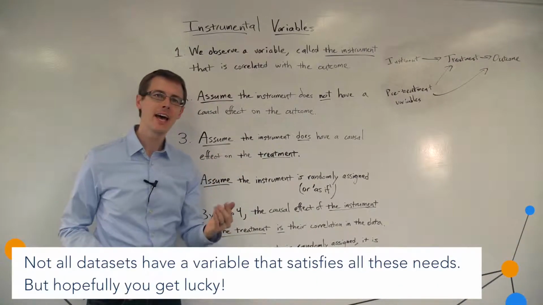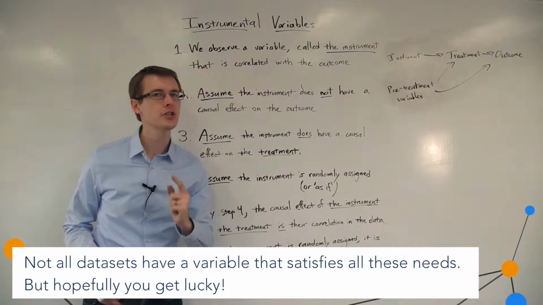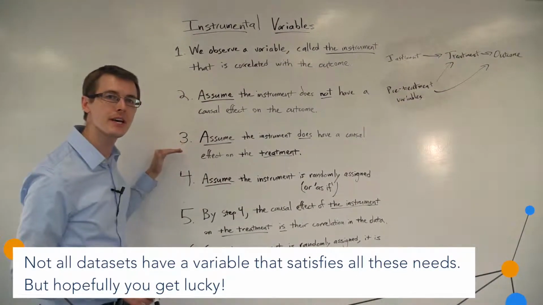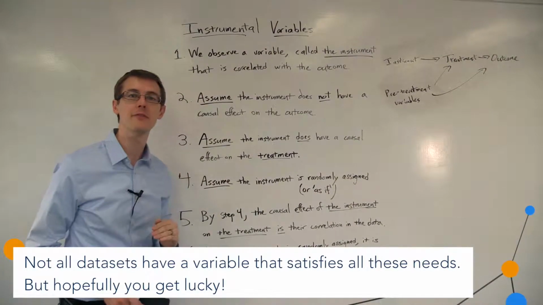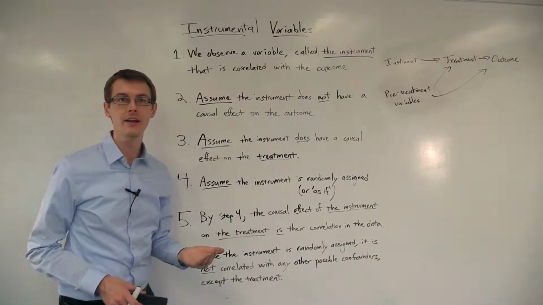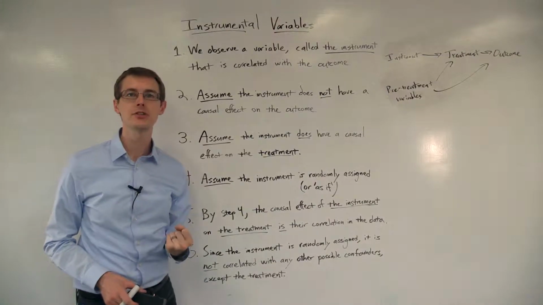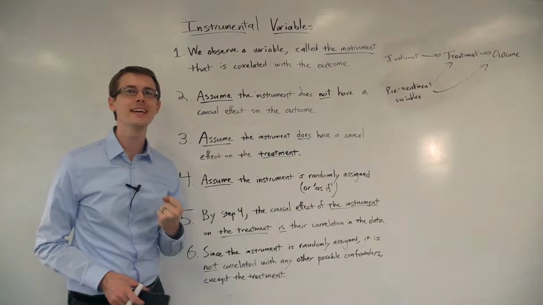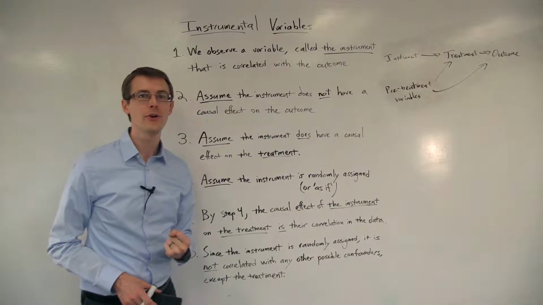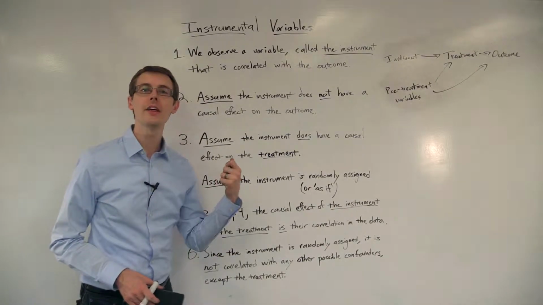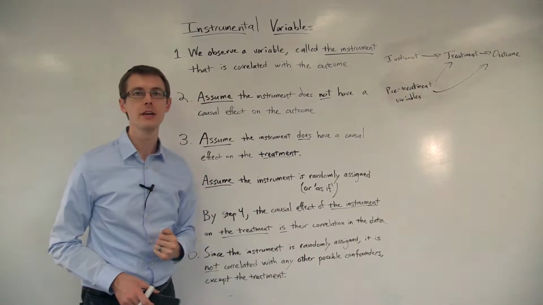Now, why is that variable special? Because you're going to try to argue that these three assumptions hold for that variable. Once you've done that, you can apply the logic that we just talked about to use that instrument, that special variable, to get at the true causal effect of the treatment on the outcome variable, which is what you really want to know.